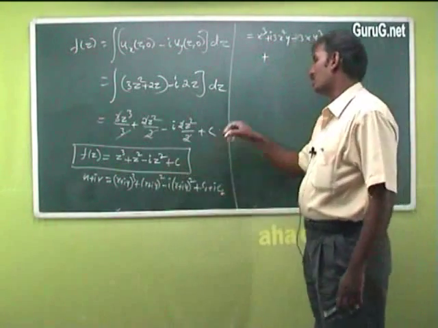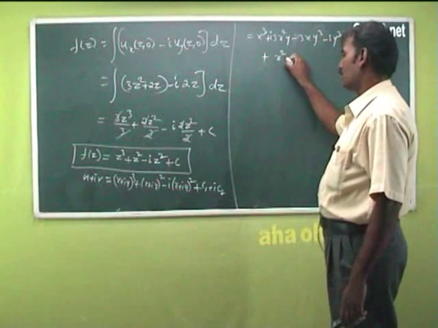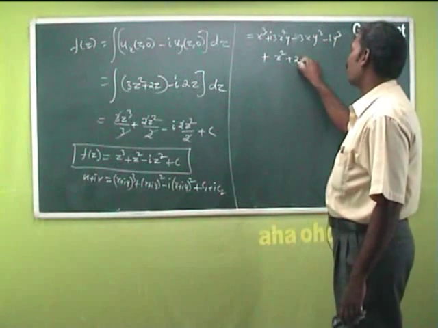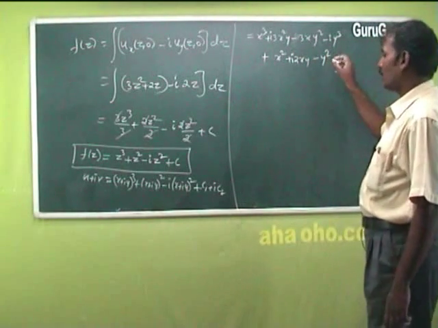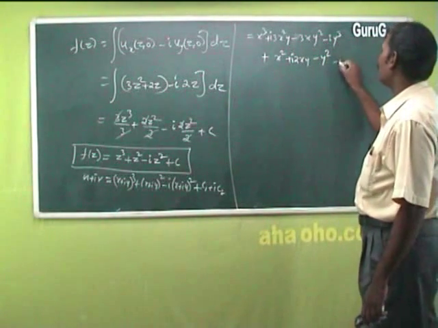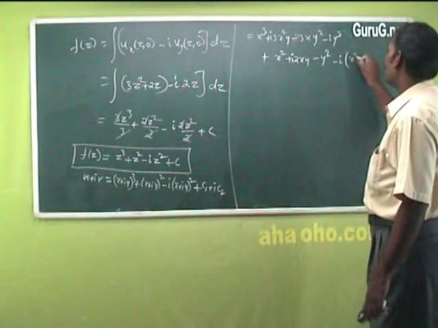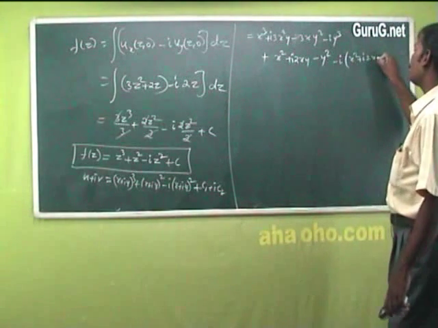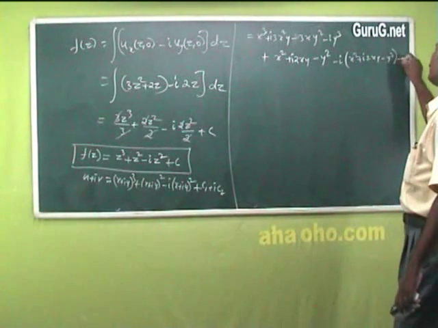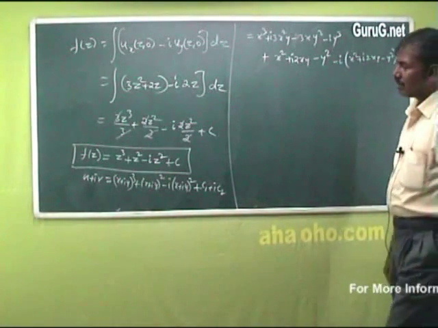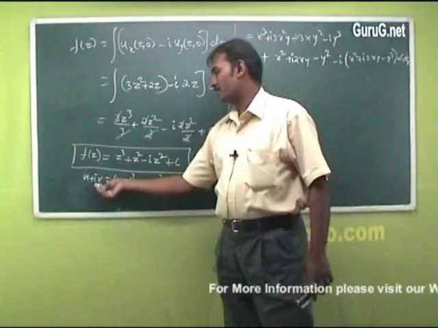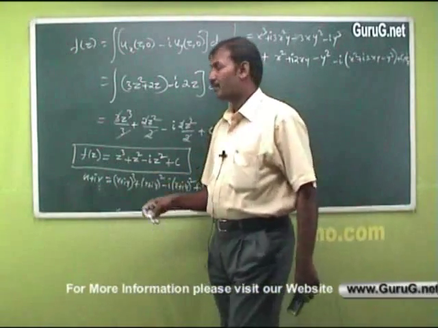Then a plus b the whole square: a squared plus 2ab plus b squared, then minus i into x square plus i into 2xy minus y square plus c1 plus i into c2. So we need v, so that means equating imaginary part.